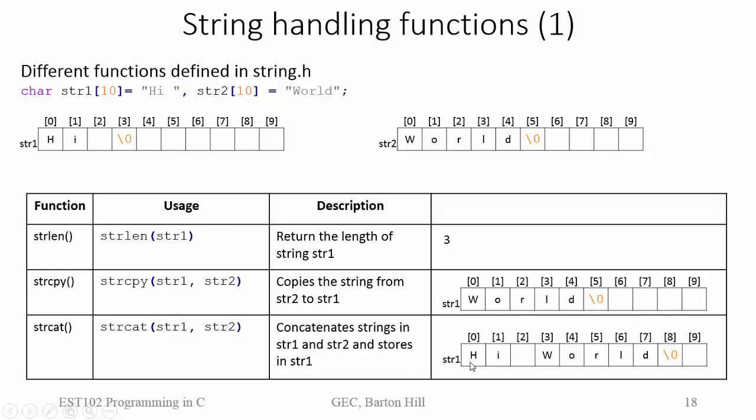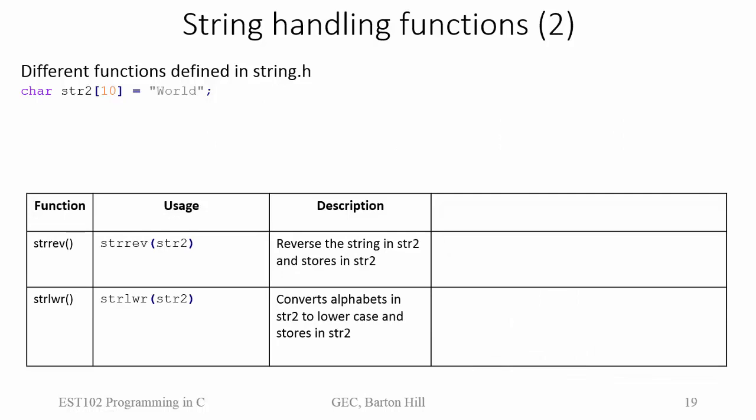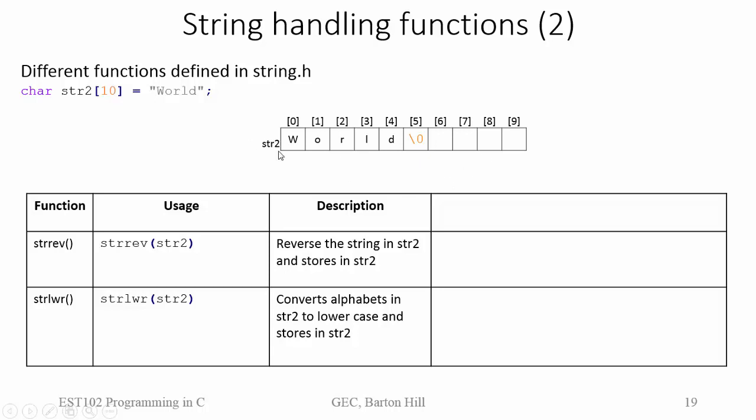Okay, now we will see the next two functions, that is strrev and strlwr. Just consider str2 which has the value "world", so it will have this. Okay, so memory is allocated for str2 and it has the content like this, "world", and finally the null character. So strrev, the usage is like this: strrev of str2.